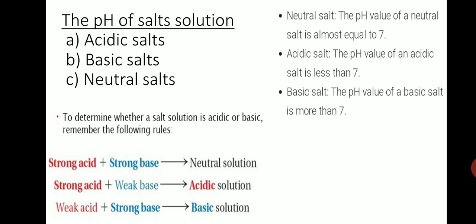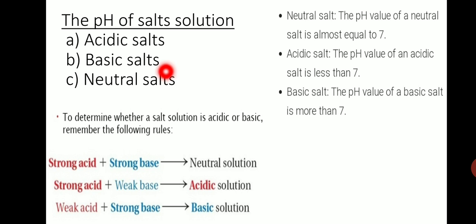So remember, some salts produce acidic or basic nature when dissolved in water. That means the pH values of these salt solutions are sometimes less than 7 or sometimes greater than 7.